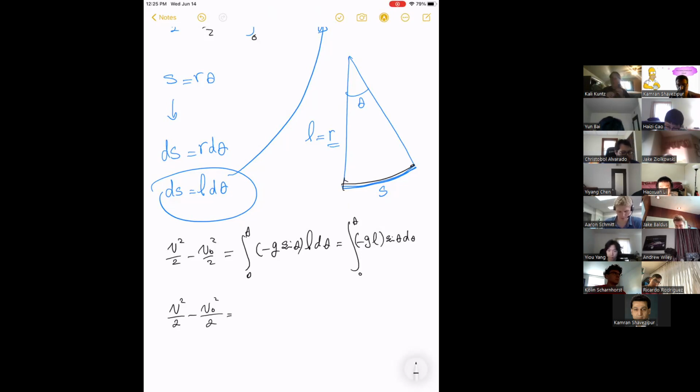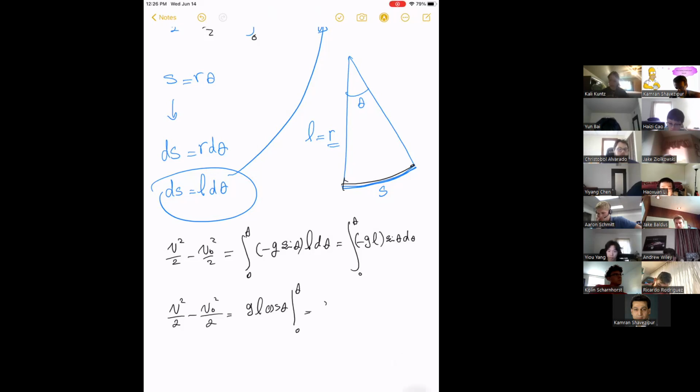Right? So what did you get? You should get GL cosine theta, right? From 0 to theta.